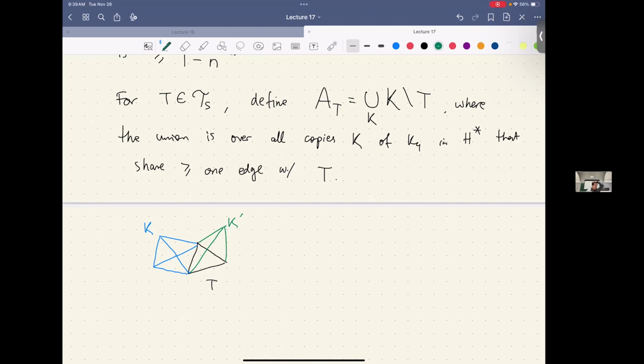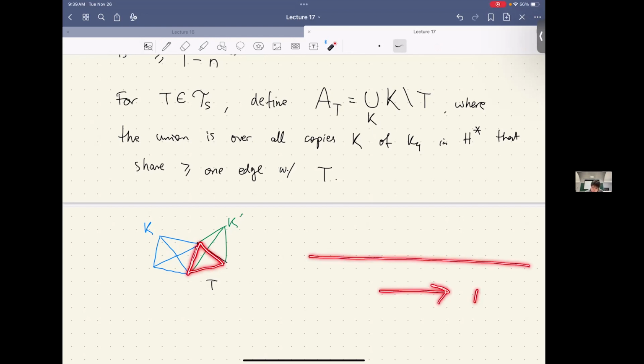Why do we define this AT? Because a triangle T survives in this K4-free process, survives in H, if and only if you look at these three edges. Remember, we order the edges of H star in a uniform random order. When does this T survive in H?